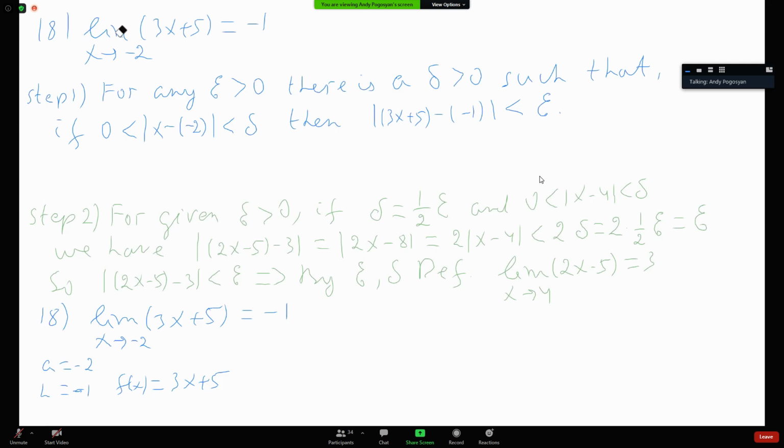Now notice that x minus negative 2 is the same as x plus 2. Now start from 3x plus 5 minus negative 1 equals, and find a constant multiple of x plus 2, which is the same as x minus negative 2.